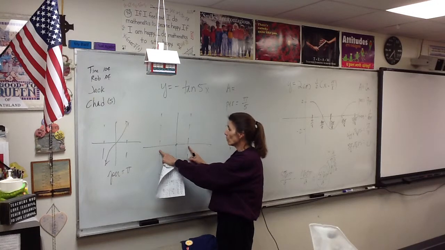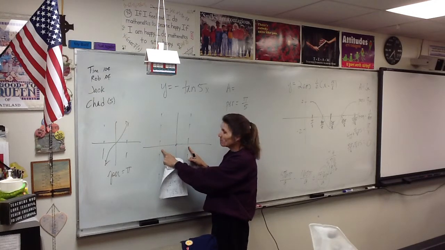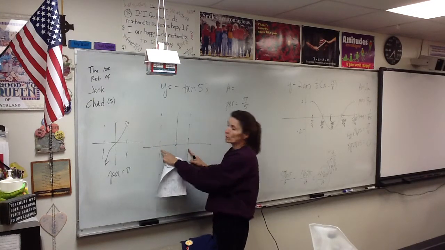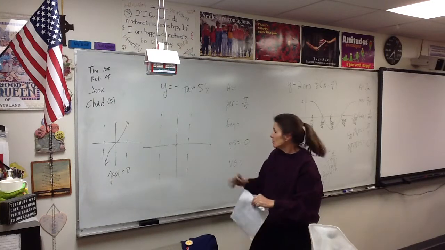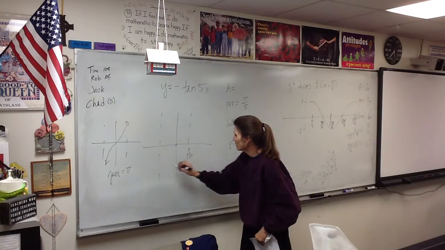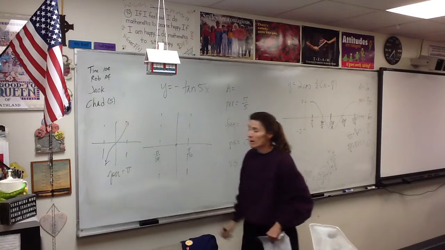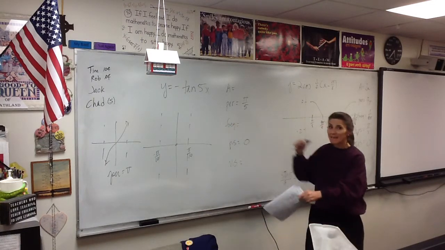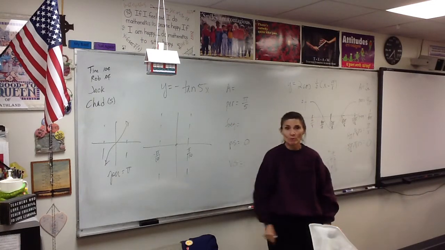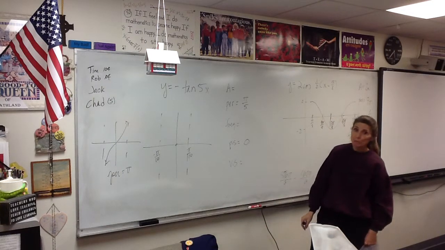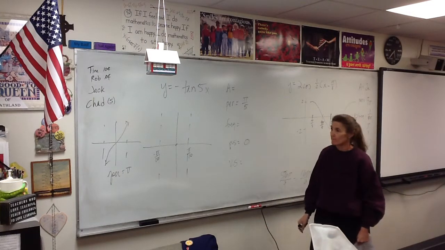So we have to go forward and backward the same amount to end up with a total of pi over 5. So this has to be pi over 10, and this has to be negative pi over 10. If you go a tenth forward and a tenth backward, you've gone a total of 2/10 or 1/5.